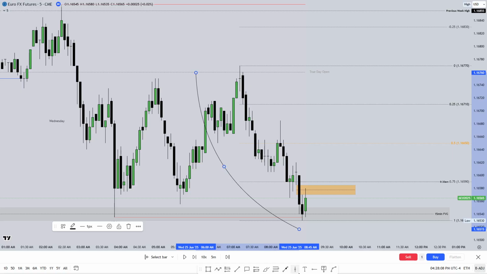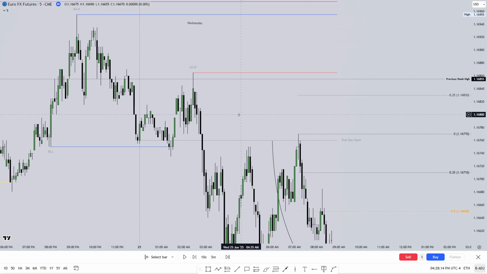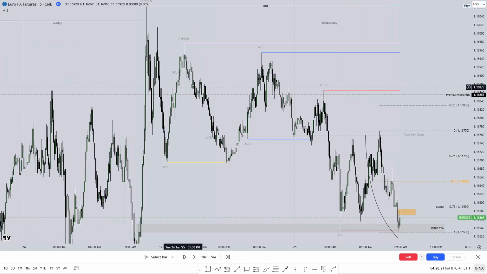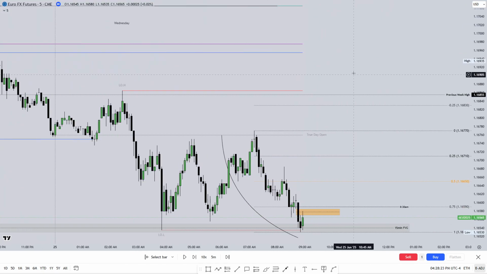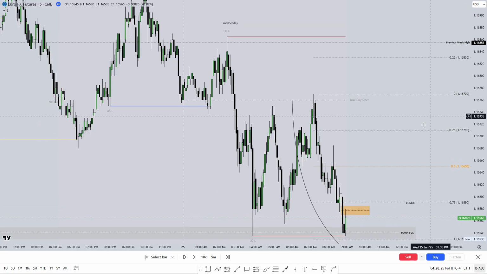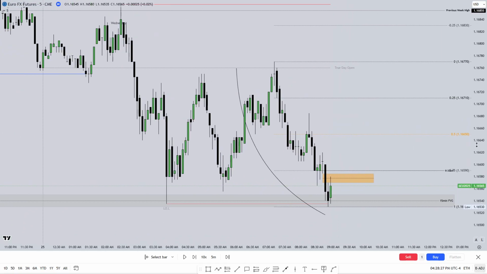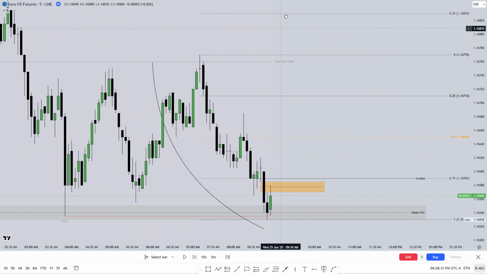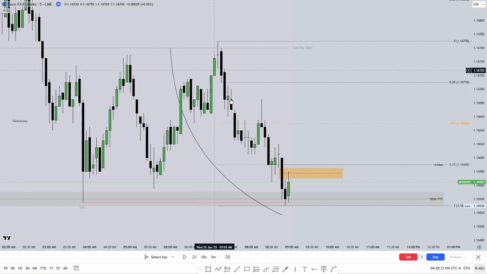Now what we want to see and anticipate is a return to this dealing range high at least. We don't need to target everything up here. It's better that we have external draws on liquidity that would make price want to go higher, but you don't need to ask for too much. All you really need is your dealing range low to your dealing range high, and then you can leave runners for these areas up here, right? But we're looking at a low to a high in a market maker buy model is what we're expecting.